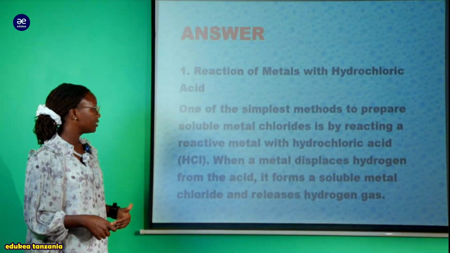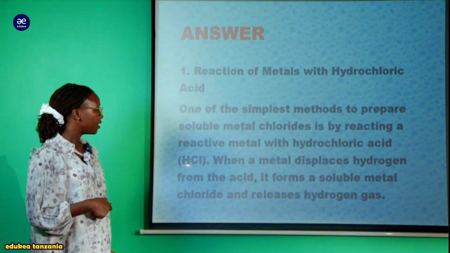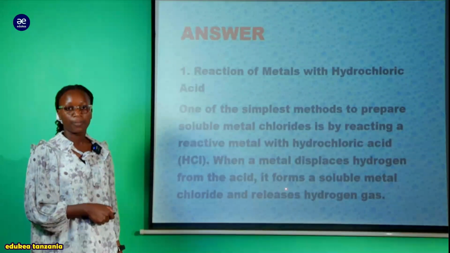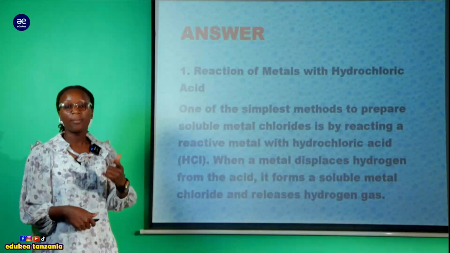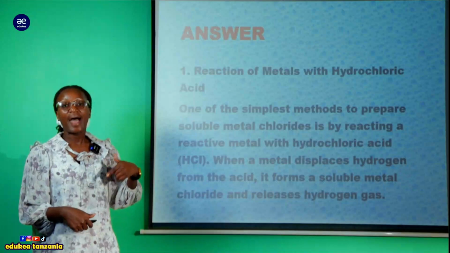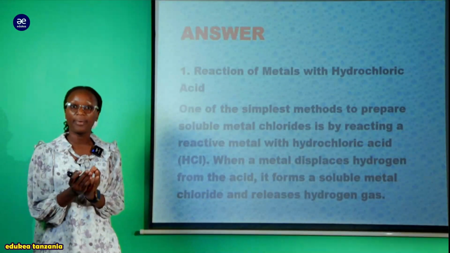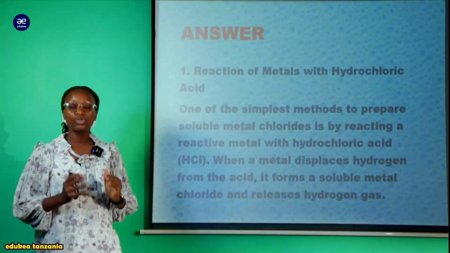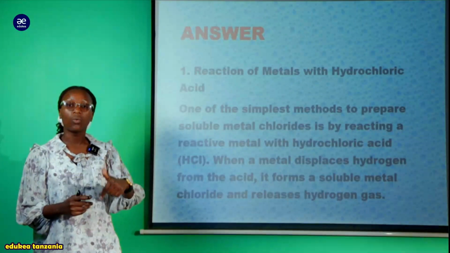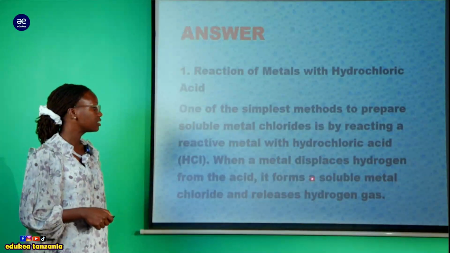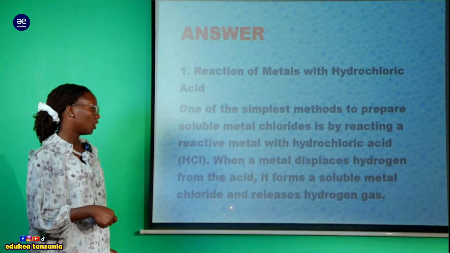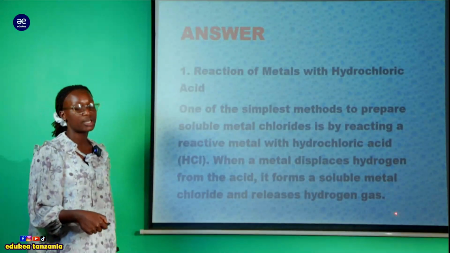So you can say that when a metal displaces the hydrogen from the acid, kwamba ile most reactive metal ambayo umereactisha na HCl atakuwa na uwezo wa kumtoa hydrogen kwenye ile HCl compound, na baada ya kumtoa it means that yeye ndo atakuwa pale. So you can see that it forms a soluble metal chloride and it releases hydrogen gas.